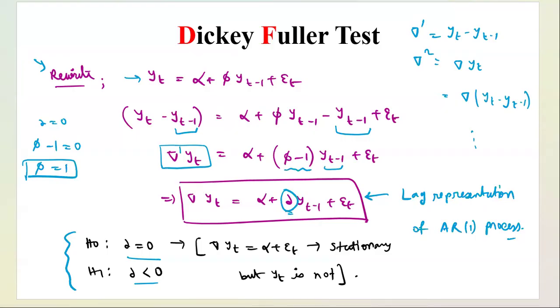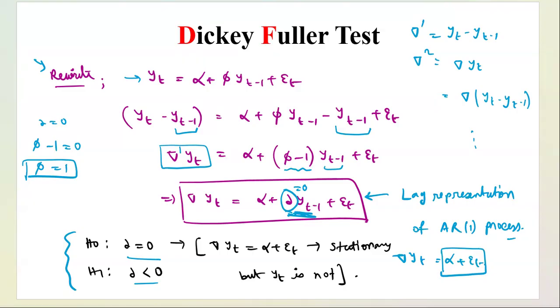But see, when delta equals 0, this term entirely becomes 0. If the null hypothesis is true, this term is entirely 0. So delta yt becomes what? Delta yt is alpha plus epsilon, right? And this is always stationary because epsilon follows a white noise process and alpha is just a parameter.